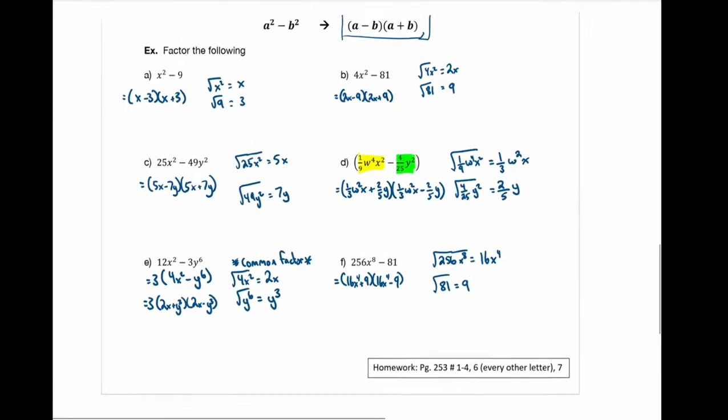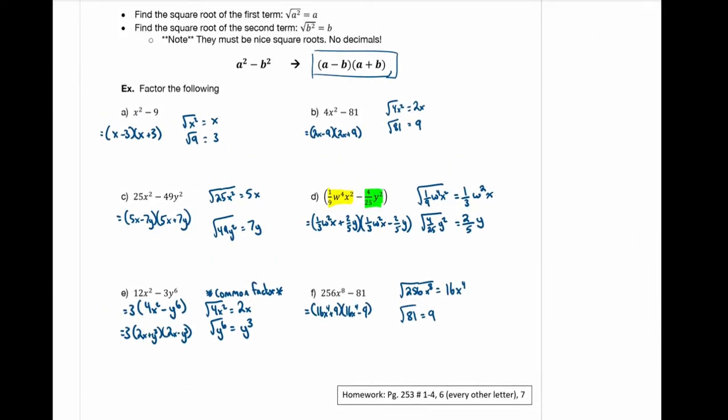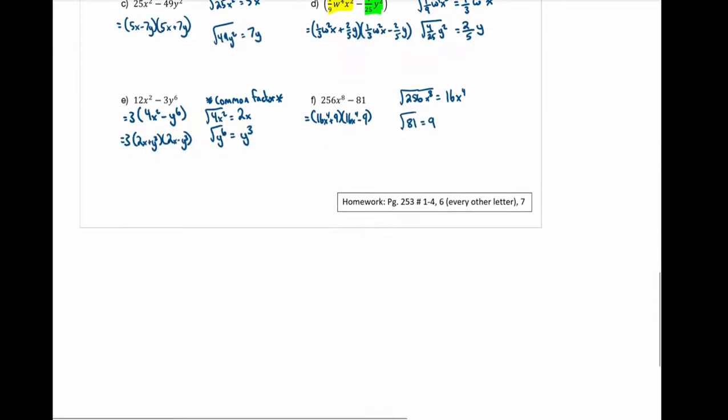Now, again, these are just patterns or rules for helping us factor these special products. If you wanted to factor them like normal using the product and sum method, you could. Right? So let's just bring one, let's say x squared minus 9. Right?